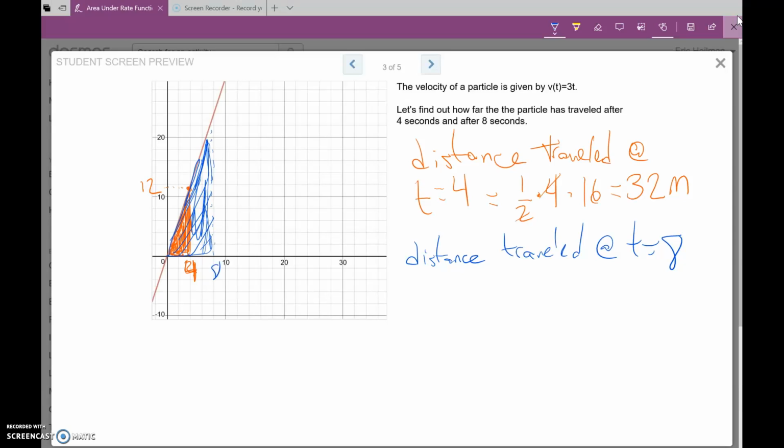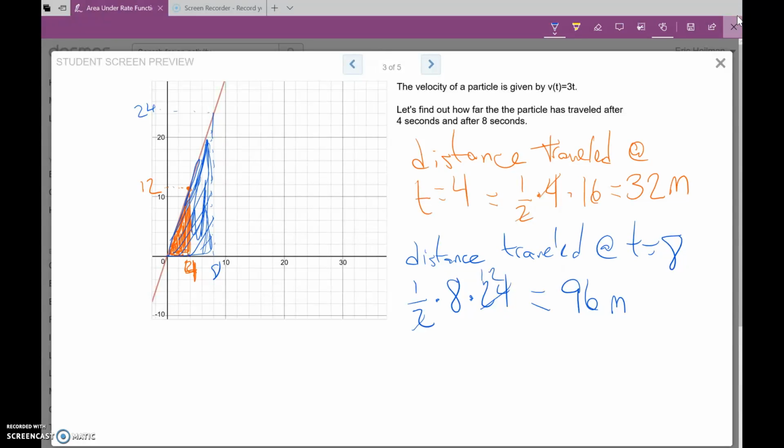The base is 8. The height is 3 times 8, which is going to be 24. 8 times 12, I want to say, is 96. So the particle has traveled 96 meters since then.